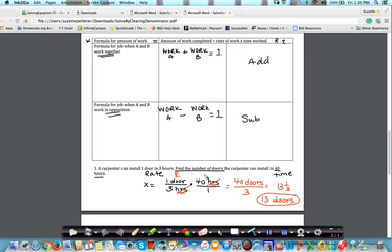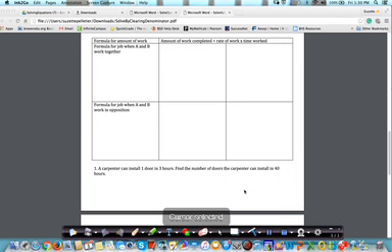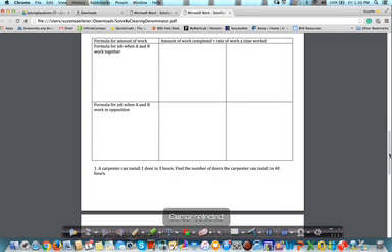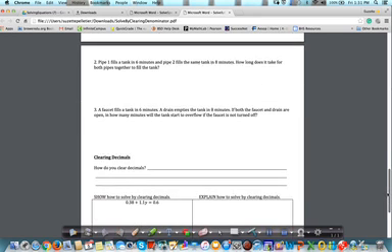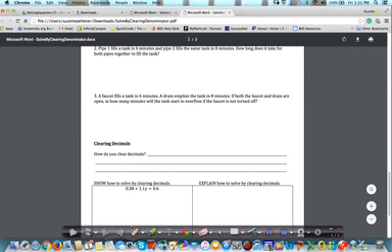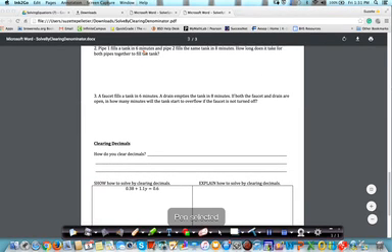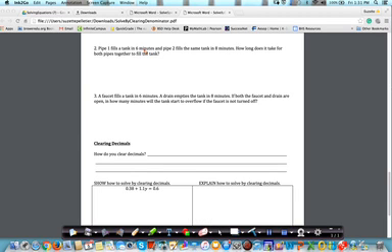Rate times time. Okay. Looking at the next page, we have a couple of examples. The first being a pipe filling a tank in 6 minutes. So one tank in 6 minutes. And a second pipe is filling the tank in 8 minutes. Now they're both filling, so they're working together. That means we're going to add.